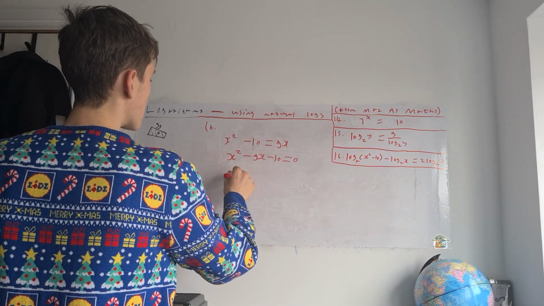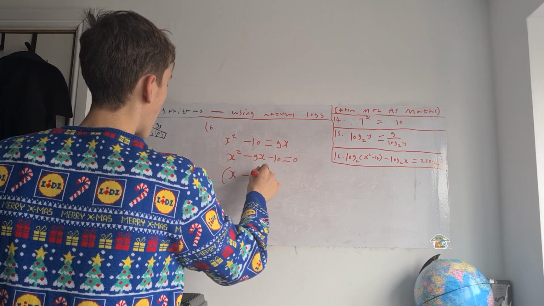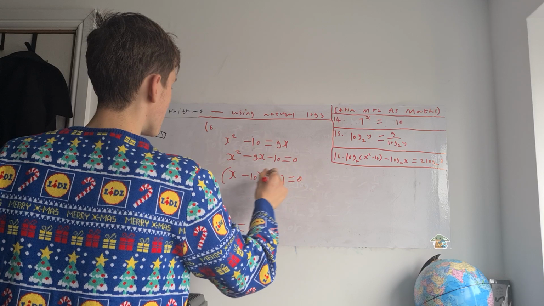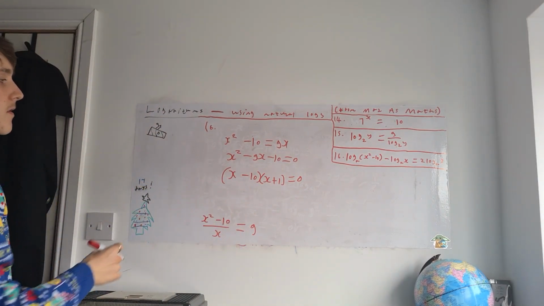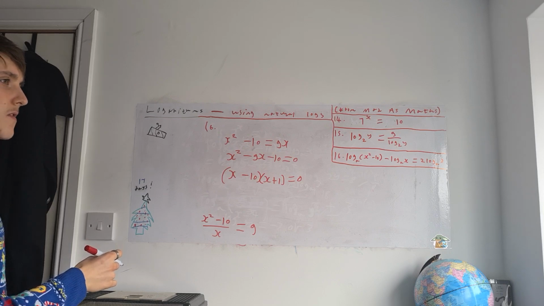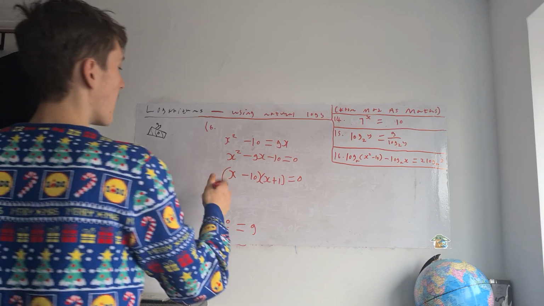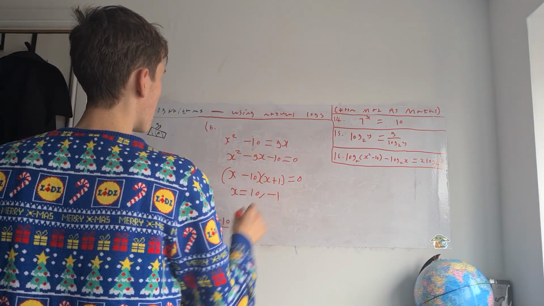So (x minus 10)(x plus 1) is equal to 0. That's it factorised in the brackets. But from this you get x equals 10 and minus 1.